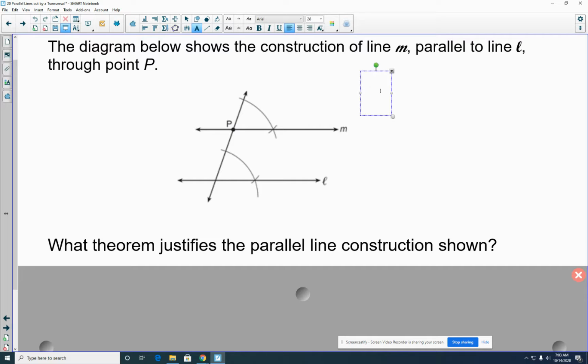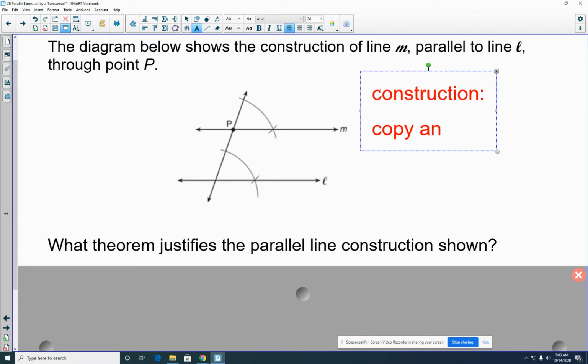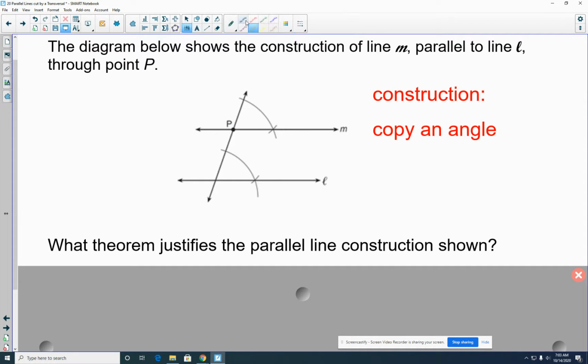So the construction that we have here that they're working with is copy an angle. Okay, now think about what kind of angles did they just construct. They're congruent, right? And it's this angle here and this angle here.